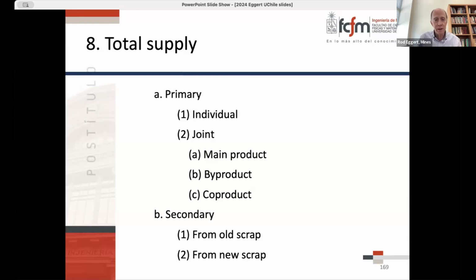And we often can think about main products, the principal product, or what in molybdenum is called the primary product, which drives and largely determines the size and nature of the mine and the metallurgical facilities.